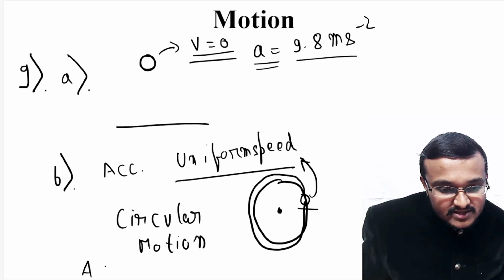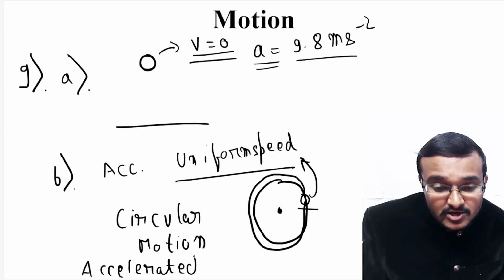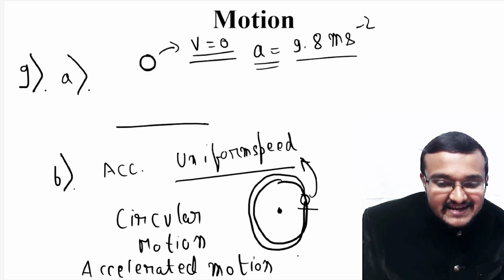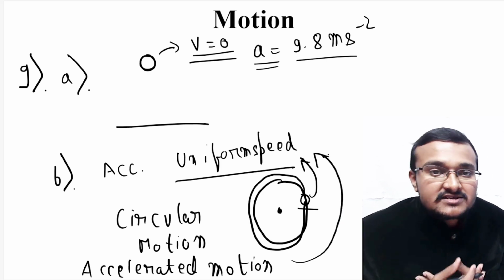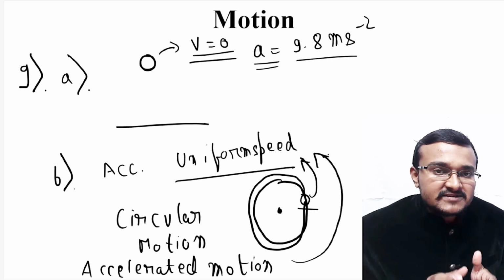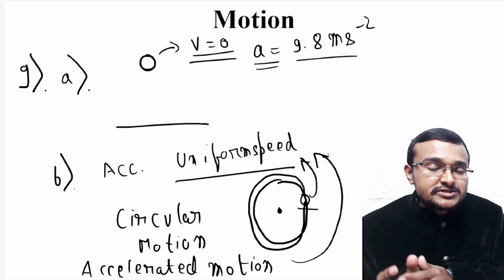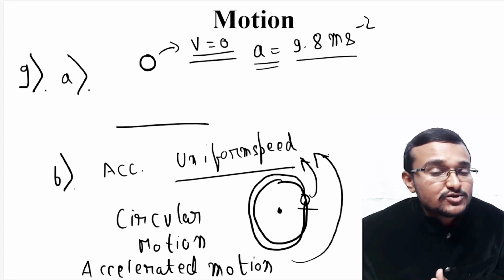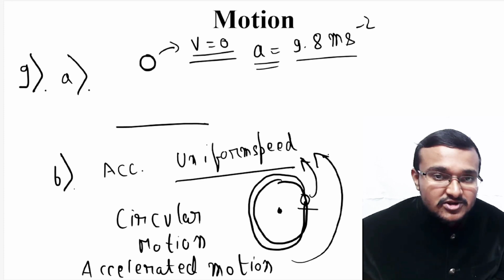So the motion of this object is accelerated motion and it can travel at uniform speed as well on this circular path. This exceptional example will give you an idea that the motion is accelerated, at the same time the object will be traveling at uniform speed and remaining on that circular path.